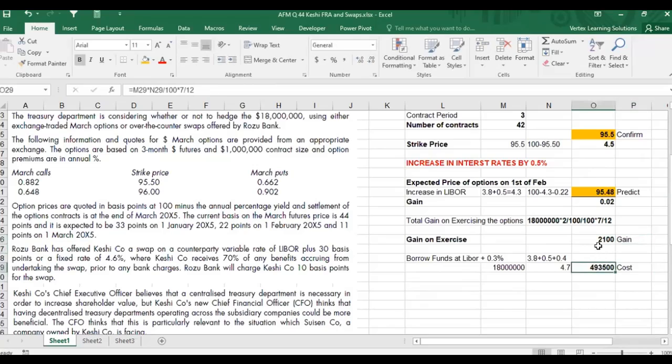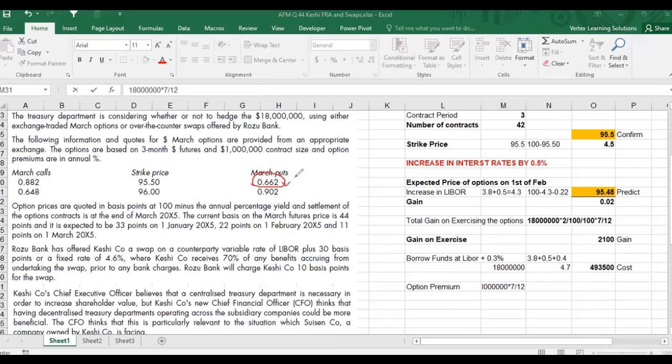So what should I do? Add or subtract? Subtract. But there is one more thing: the option premium. You have to pay the option premium also. What was your option premium? 18 million multiplied by 7 divided by 12, or you can do it with the number of contracts also, with the 0.662.